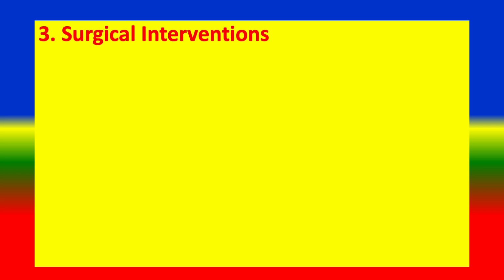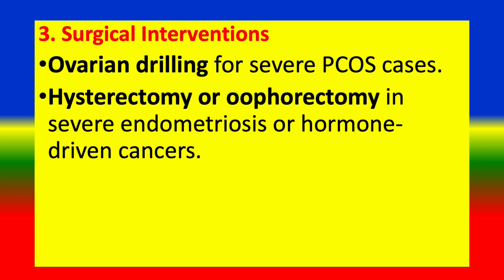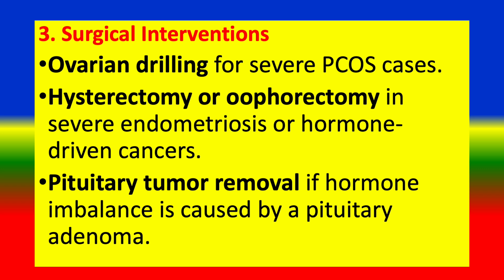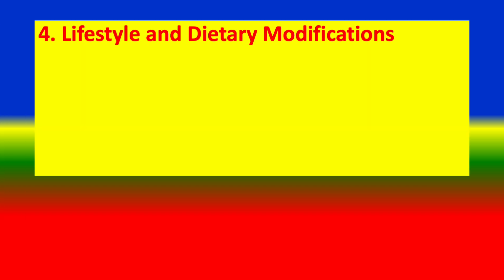3. Surgical interventions. Ovarian drilling for severe PCOS cases. Hysterectomy or oophorectomy in severe endometriosis or hormone driven cancers. Pituitary tumor removal if hormone imbalance is caused by pituitary adenoma. 4.